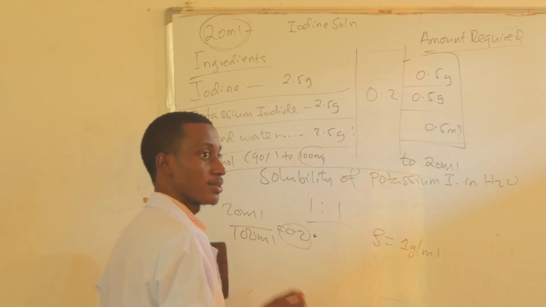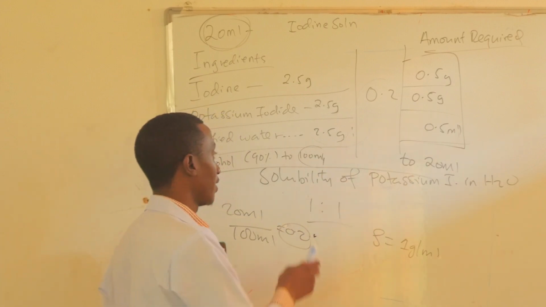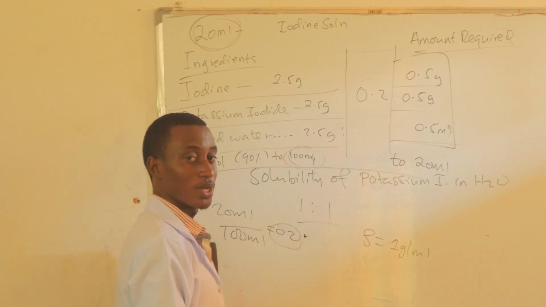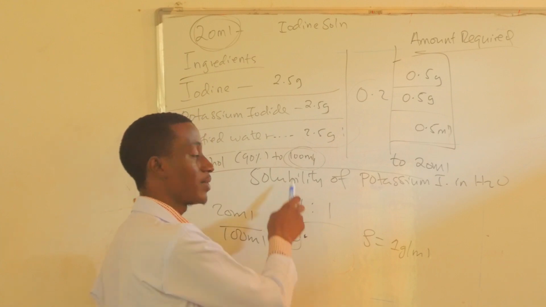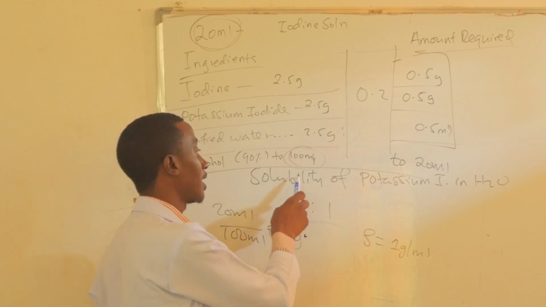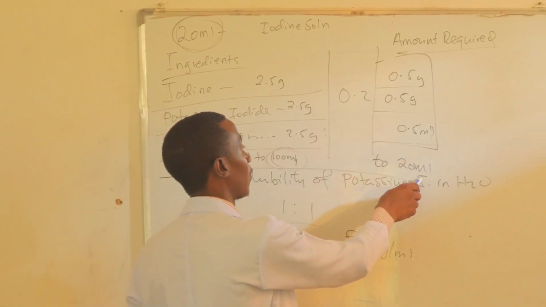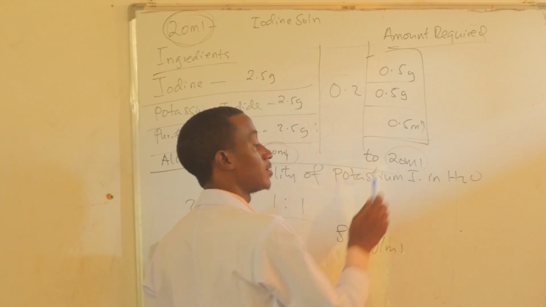So in this official formula, this does not mean that we are adding 100 ml of alcohol, but we shall add alcohol up to 100 ml. After getting the required amounts, we are going to add up to 20 ml.